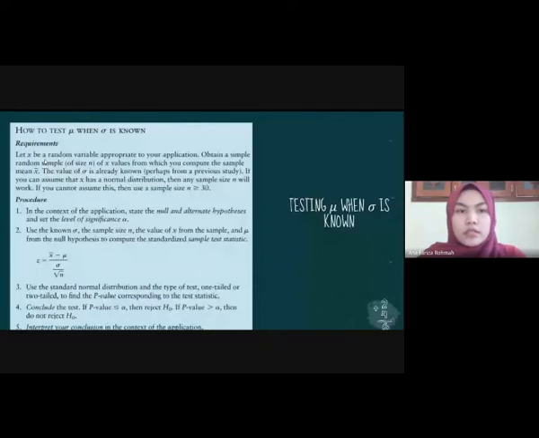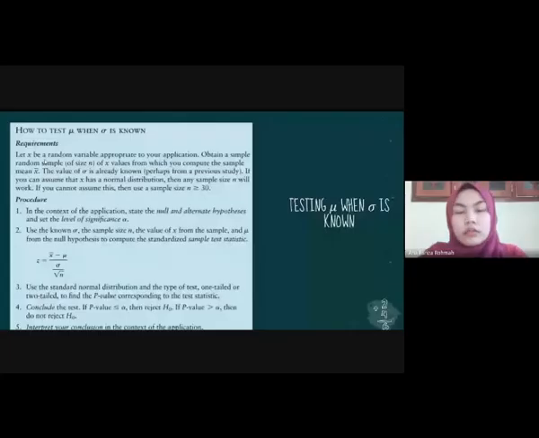The value of the standard deviation is already known, perhaps from a previous study. If you can assume that X has a normal distribution, then any sample size n will work. If you cannot assume this, then use a sample size n greater than or equal to 30.